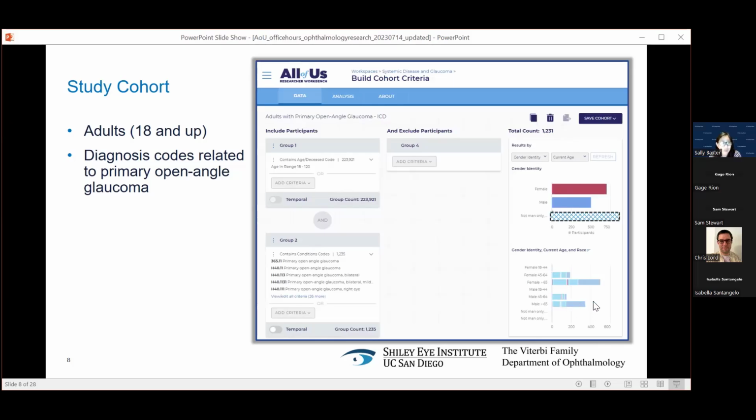I've actually used this for grant proposals as well. And so I think that's a lesson that's broadly applicable, not just to ophthalmology: when you're looking at sample sizes, feasibility of using All of Us as a data source for a particular study, or putting together a grant proposal and wanting to demonstrate that you have sufficient sample size, this is a great tool and it's super quick. And so that's one really great benefit that I've seen with this data set.